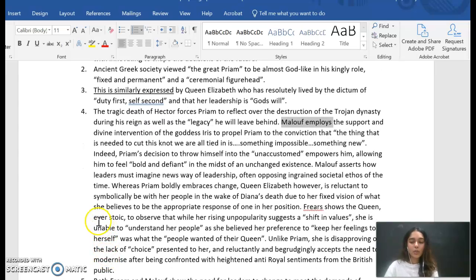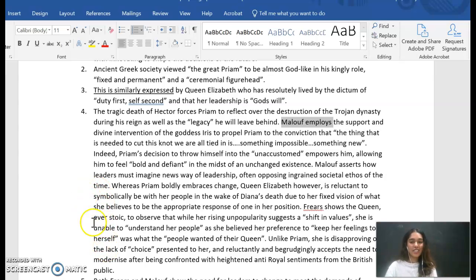Frears shows the Queen, ever stoic, to observe that while her rising unpopularity suggests a shift in values, she is unable to understand her people, as she believed her preference to keep her feelings to herself was what the people wanted of her Queen. Unlike Priam, she is disapproving of the lack of choice presented to her, and reluctantly and begrudgingly accepts the need to modernize after being confronted with heightened anti-royal sentiments from the British public.